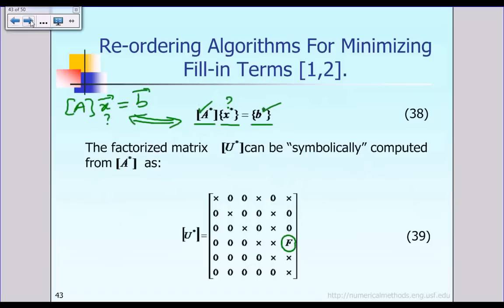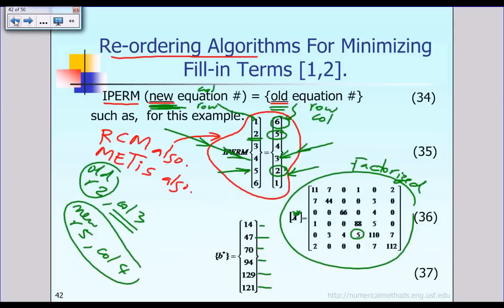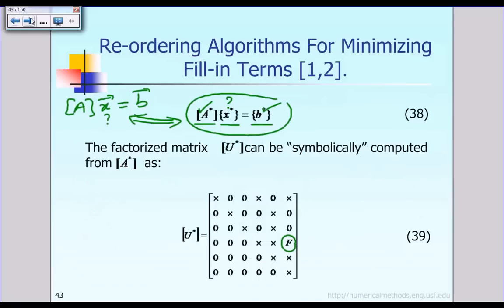That means the computational effort to solve the new equation 38 will be a lot less than the computational effort to solve the original equation, which is AX equal to B.